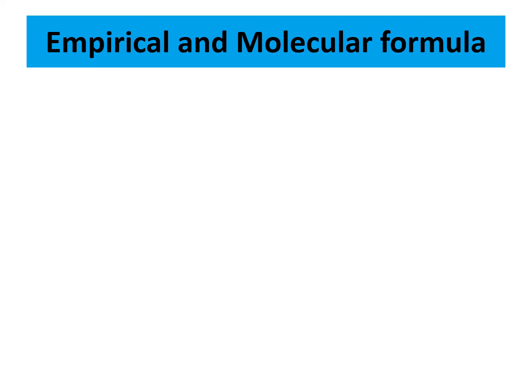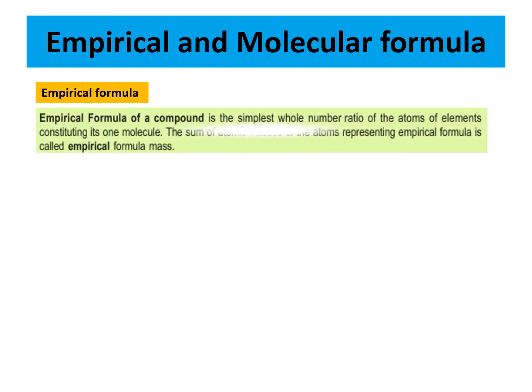Next one, empirical and molecular formula. What is the empirical formula? Empirical formula of a compound is the simplest whole number ratio of the atoms or elements in the molecule. If you see a molecule, you need to take the simplest ratio of the atoms. For example, glucose is C6H12O6. How to write it in the simplest way?